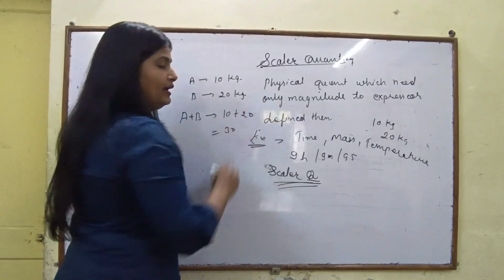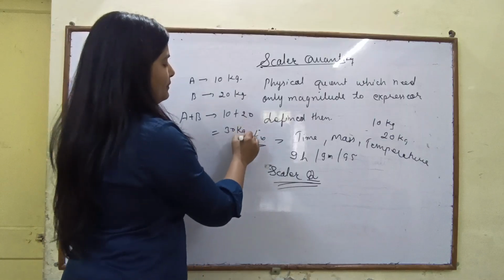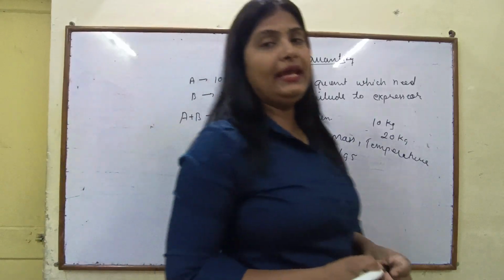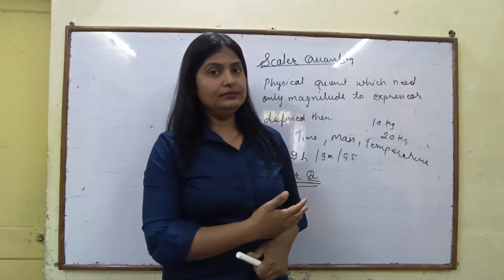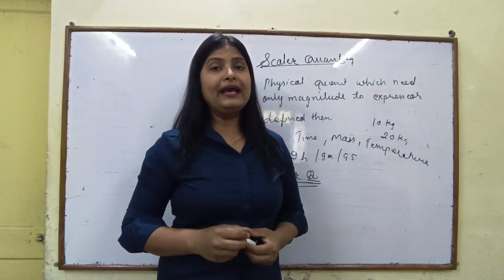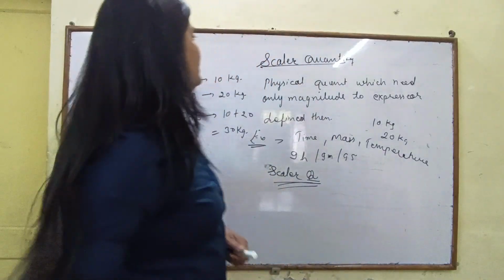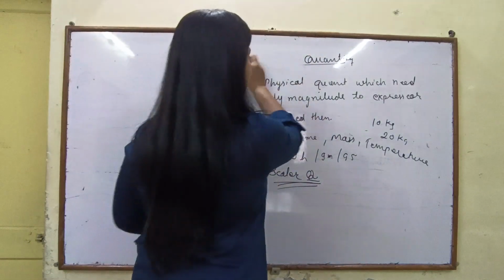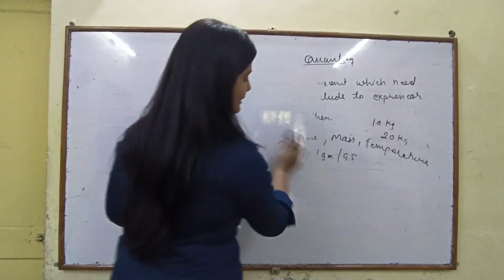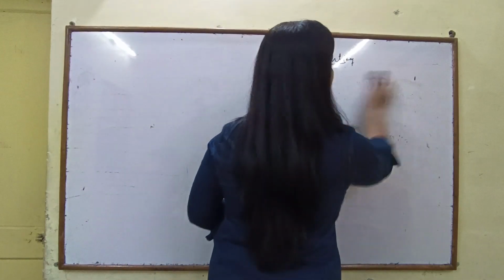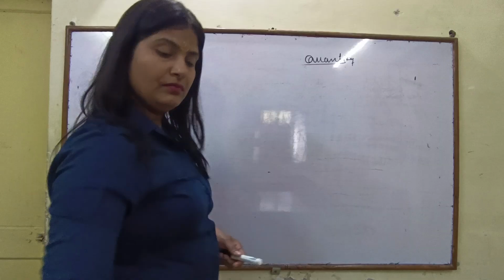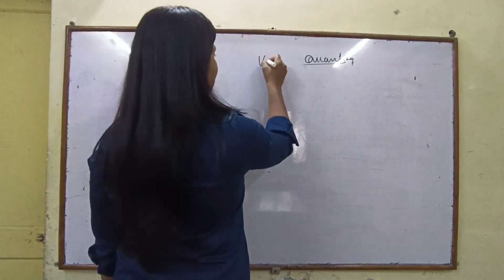The result will be 30 kilogram. So we can add scalar quantities by the algebraic method, algebraic sum. In scalar quantities, we use algebraic sum.